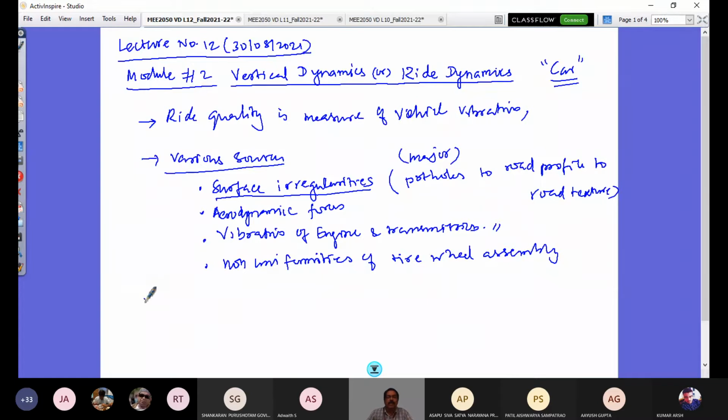That is the vibration behavior of the vehicle. And then we need to understand the human response to vibration.